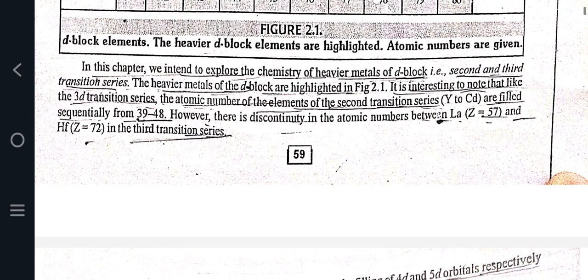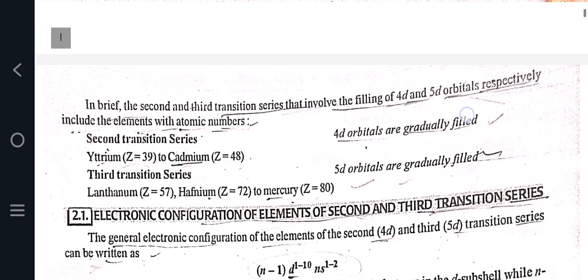It is interesting to note that, like the 3d transition series, the atomic numbers of the elements of the second transition series, Y to Cd, are filled sequentially from 39 to 48. However, there is discontinuity in atomic numbers between lanthanum Z equal to 57 and Hf Z equal to 72 in the third transition series.